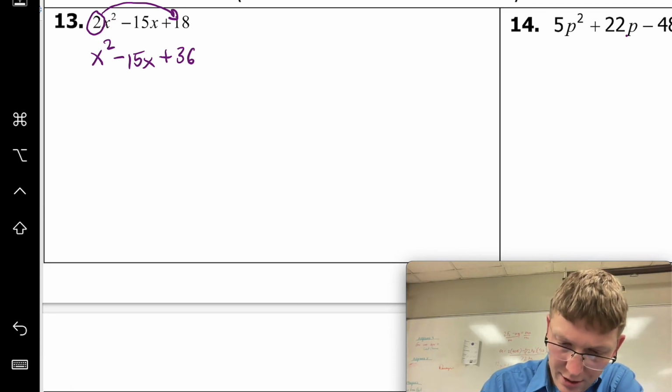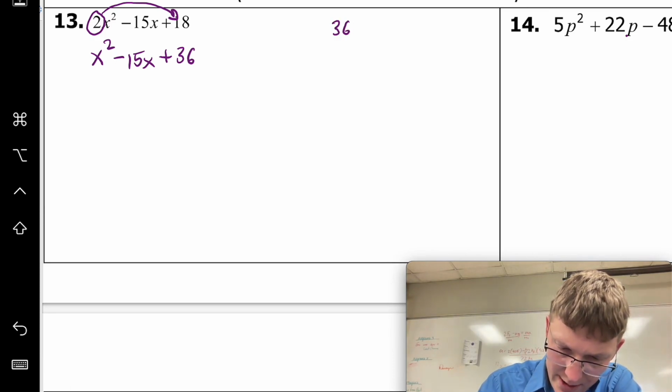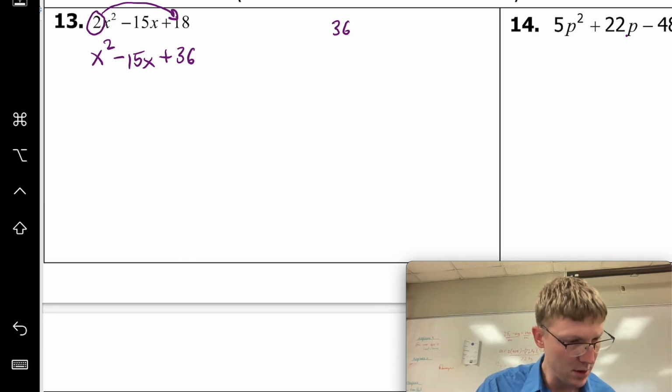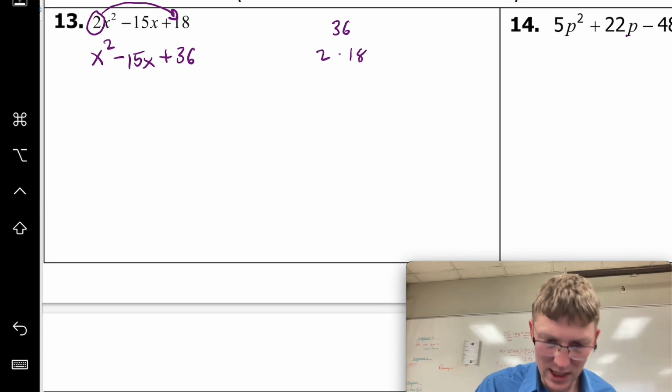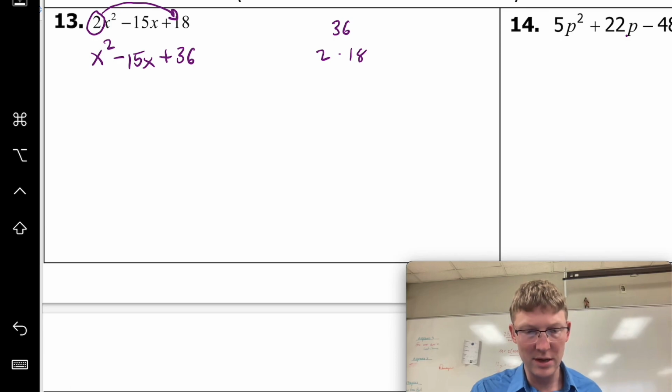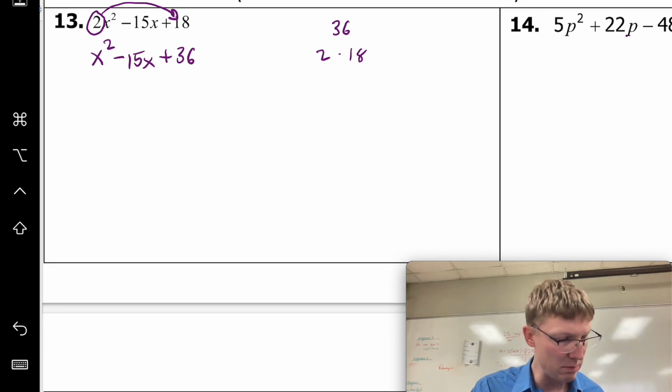So from there, you factor normally. So I'm looking at 36. Let's see here. 36 divided by 2 is 18. They need to add together to get my 15. So that's not it. 36 divided by 4.